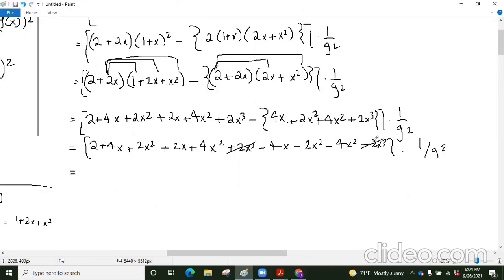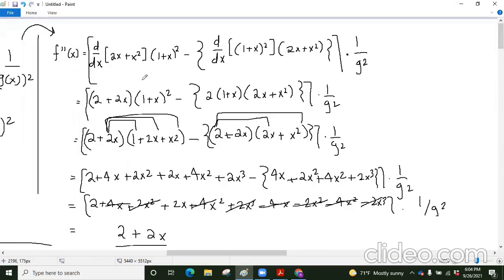2x cubed cancels out with 2x cubed, minus 4x squared cancels out with 4x squared, minus 4x cancels out with 4x, minus 2x squared cancels out with plus 2x squared, and you're left with 2 plus 2x over g squared. What was g in this case?